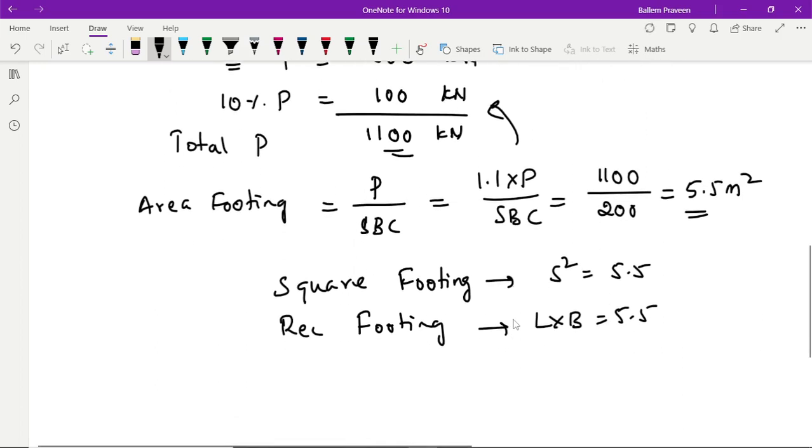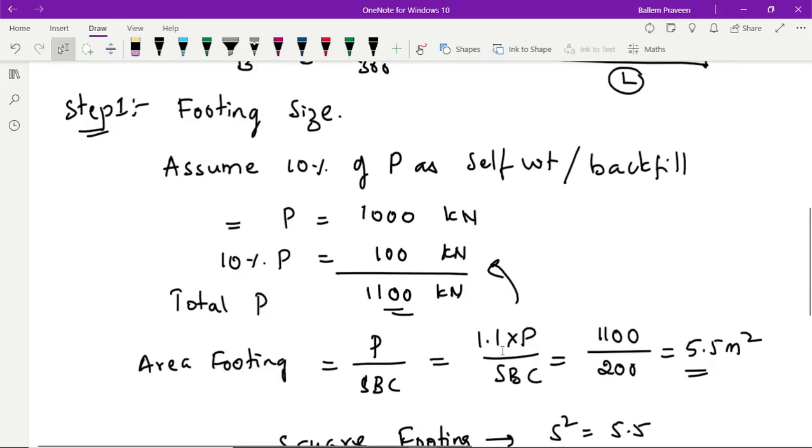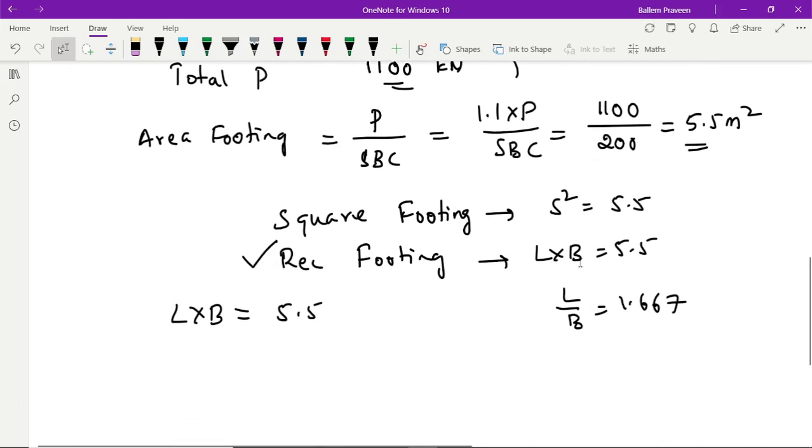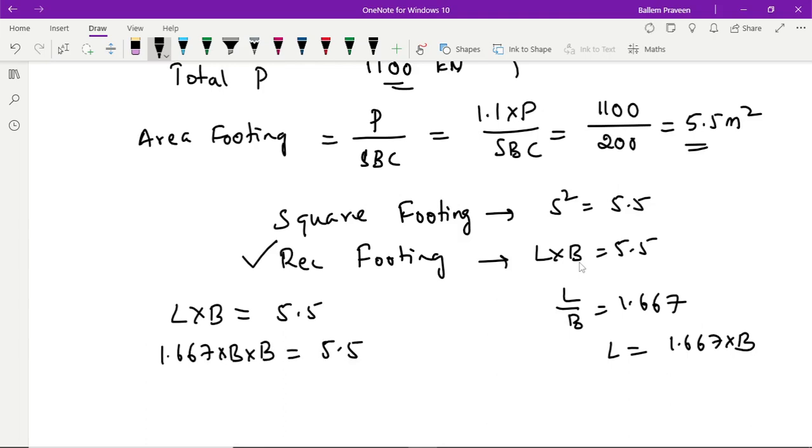Since he asked to design a rectangular footing, let us consider L into B as 5.5, and you know that the L by B ratio is equal to 1.667. So we are taking the same ratio as the column ratio. So your L will be 1.667 into B. Let us substitute this value here. So L is 1.667 into B, which is equal to 5.5.